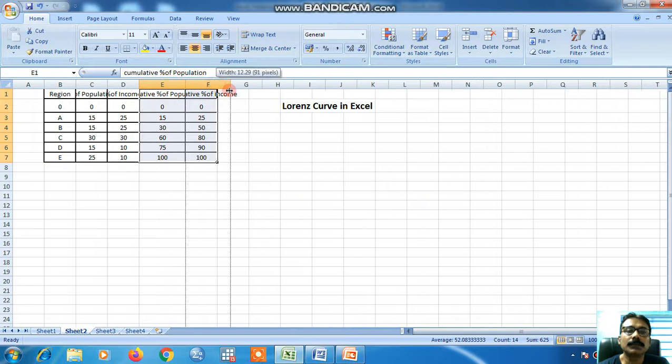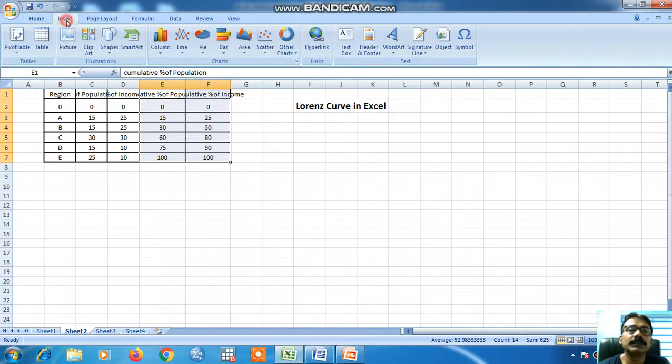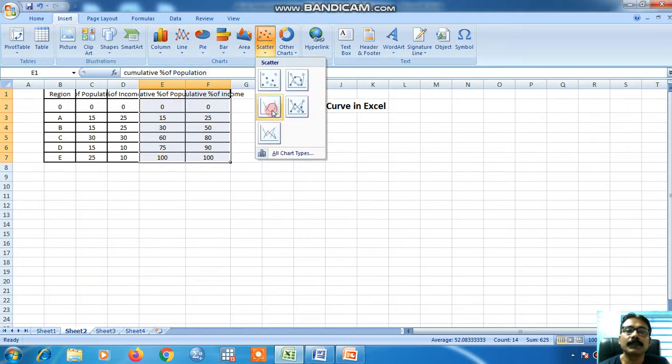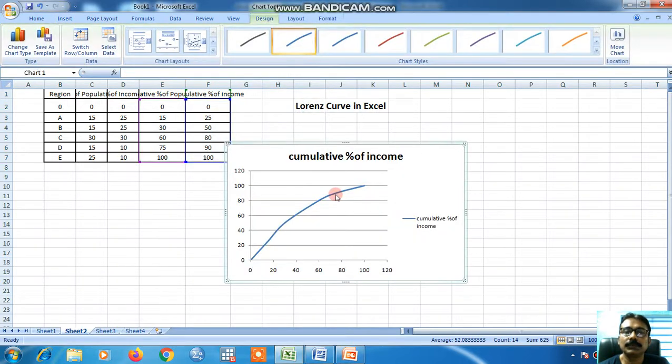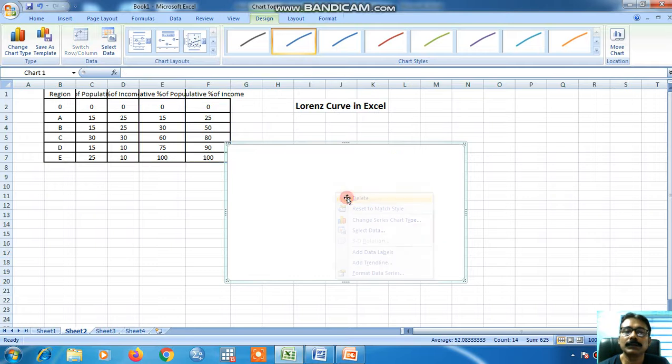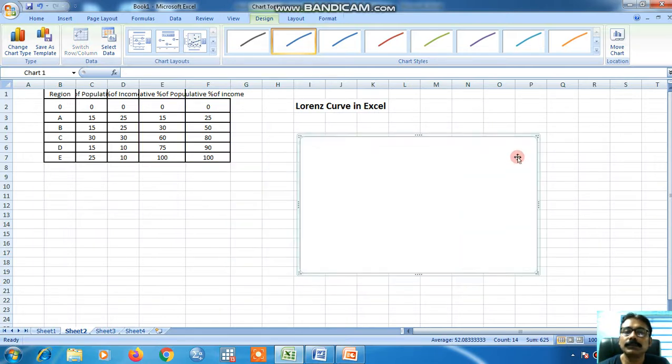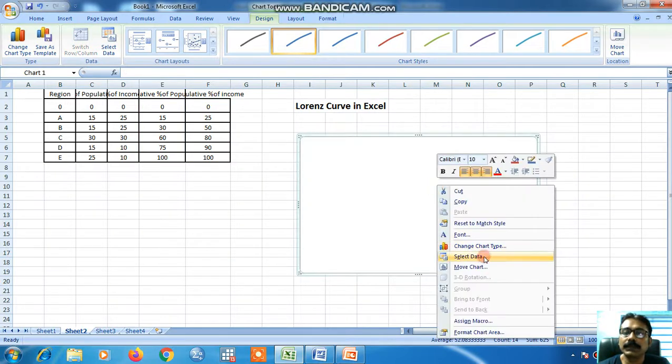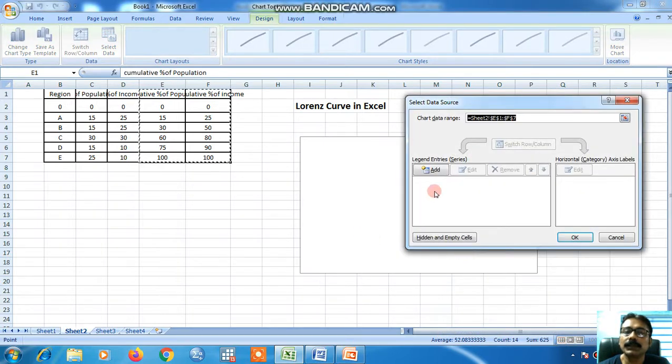Okay, now you have to go to insert. Go to scatter plot. This diagram, we don't need this figure. Now right click, select data, add.